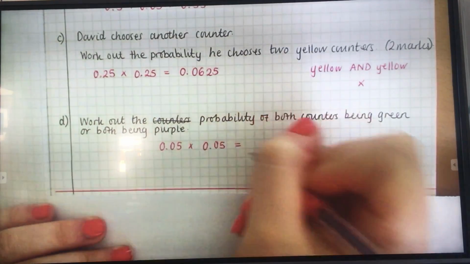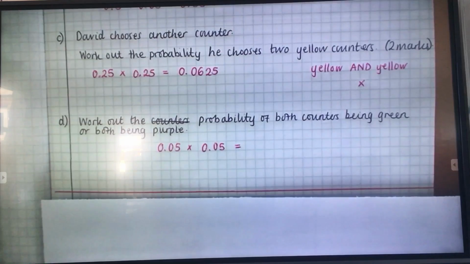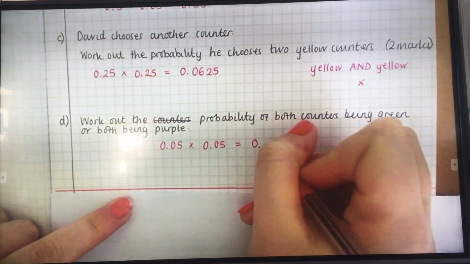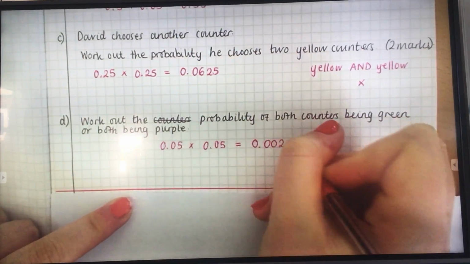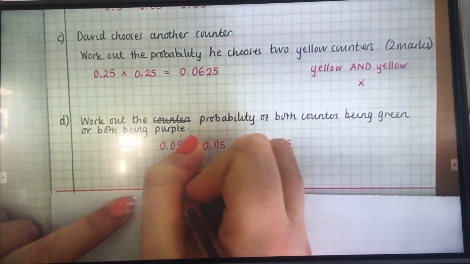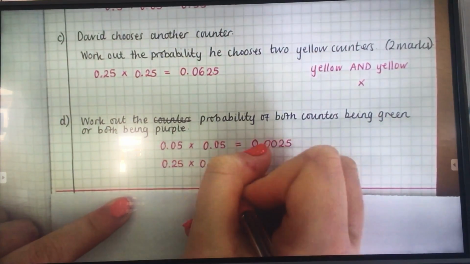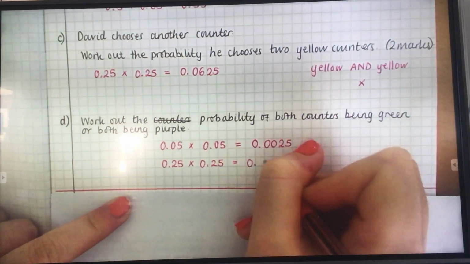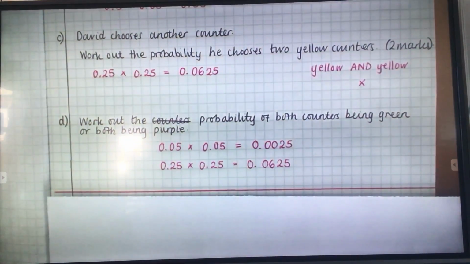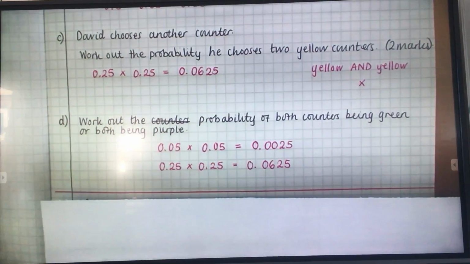So when you do 0.05 times 0.05, you get 0.0025, and then we have to do the same thing for purple. So purple, the probability is 0.25 times 0.25, and you get 0.0625.